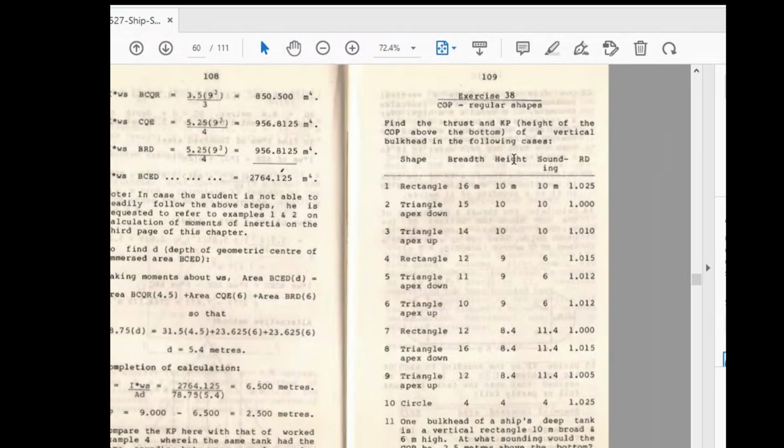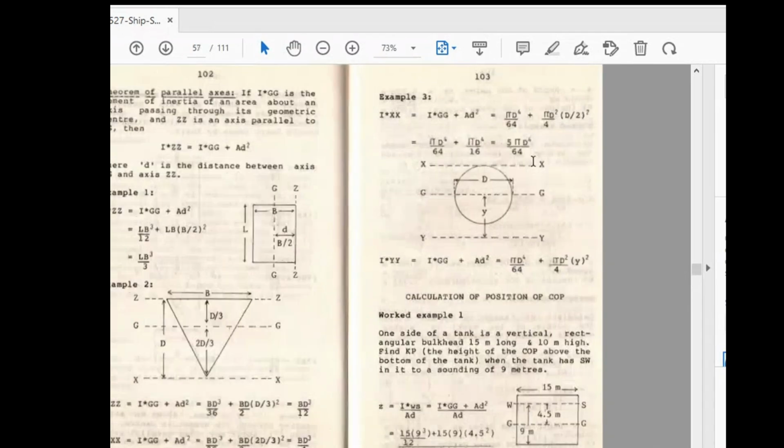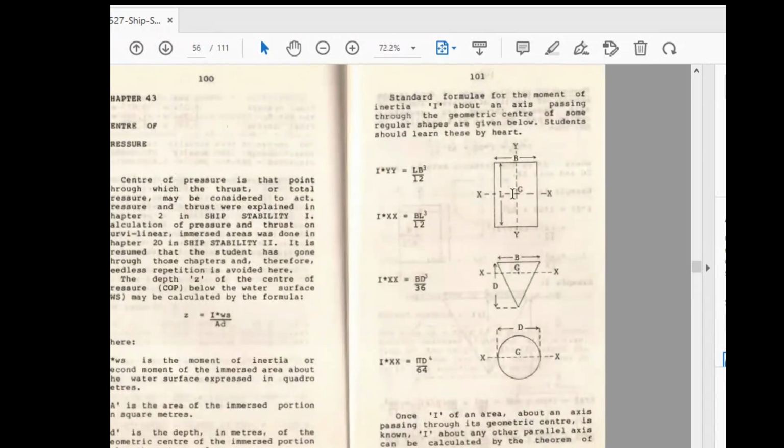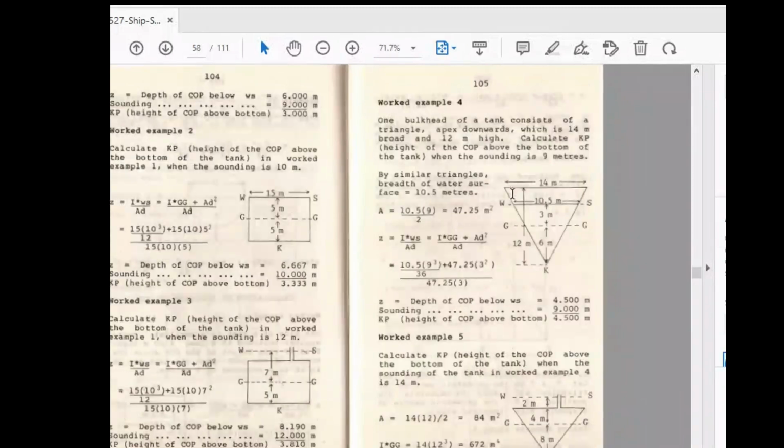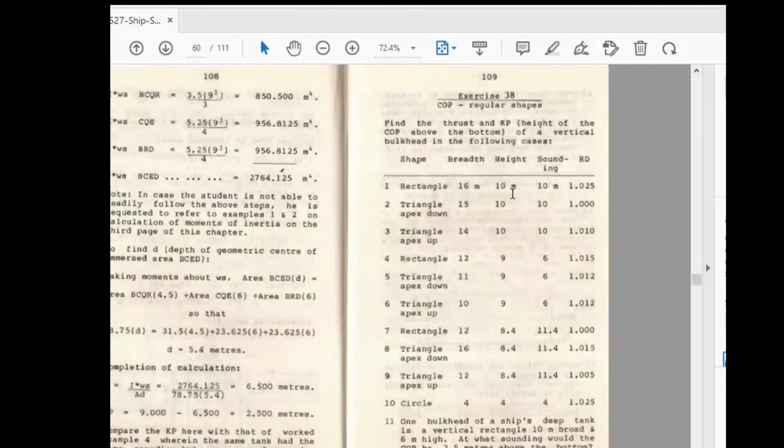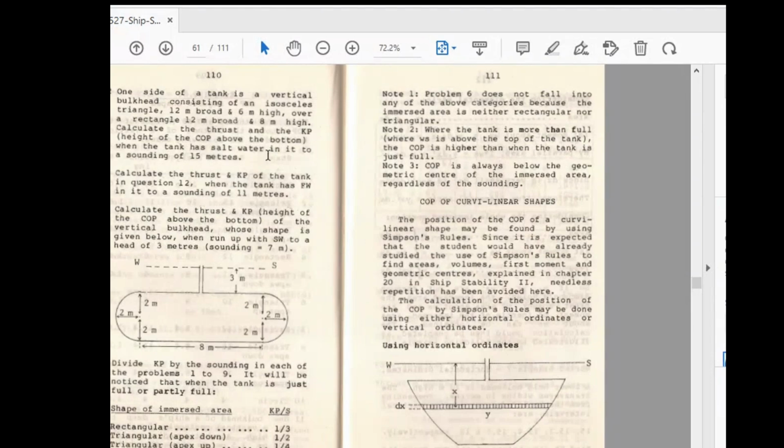Can you see my screen? Yes, sir. This is the chapter that I'm doing, chapter 43, center of pressure. This is the exercise. We are doing exercise 38. I'm doing question number 12.